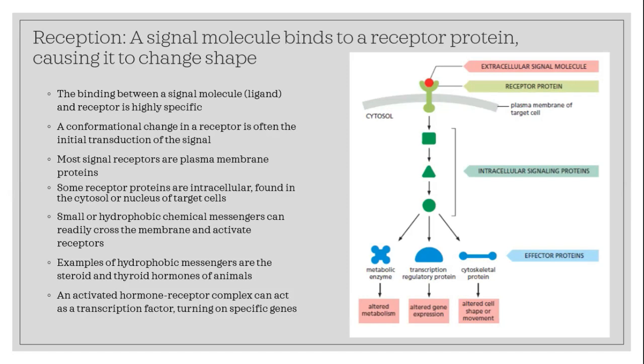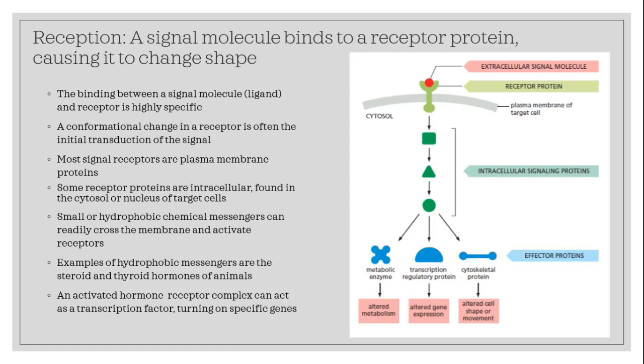Now, when we talk about signaling molecules, there are two types of signaling molecules that are commonly observed. One is hydrophilic signaling molecules or signaling ligands, and the other is hydrophobic ligands. Basically, hydrophilic means soluble in water. Hydrophobic means not soluble in water, and many times they are soluble in fat, or soluble in lipids.